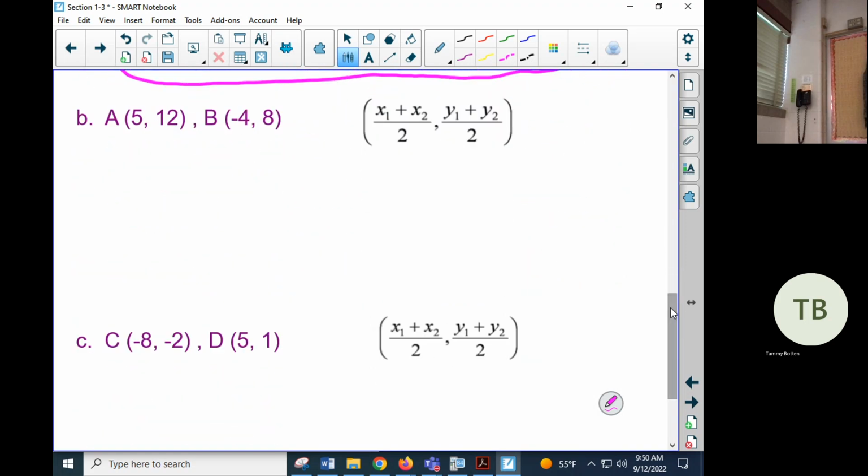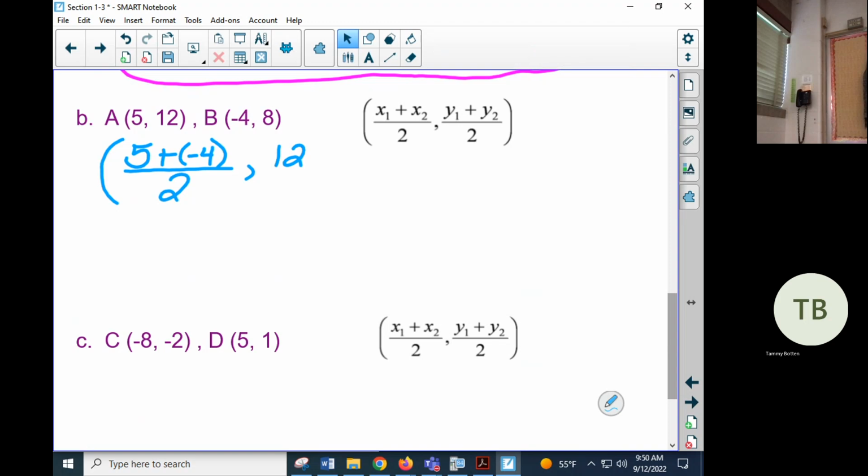So if we go to this one, we're first going to add our X's again. So we're going to go 5 plus the -4 over 2, comma, and then 12 plus 8 over 2.